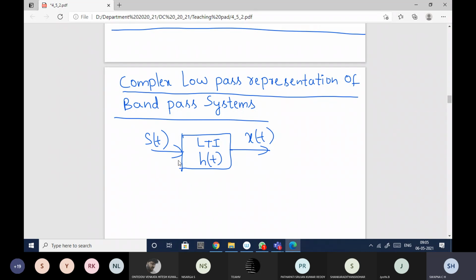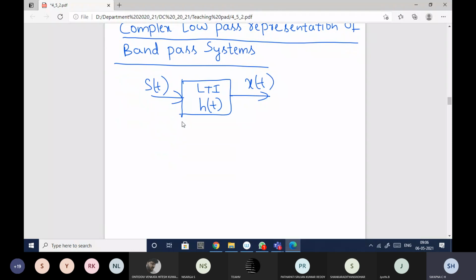Let me take the spectrum of this input signal and the output signal. Now I have h(t). I need to represent this h(t) in the form of h̃(t). h̃(t) is nothing but the complex representation of this bandpass system. The complex representation will give you the low pass system, or low pass representation.